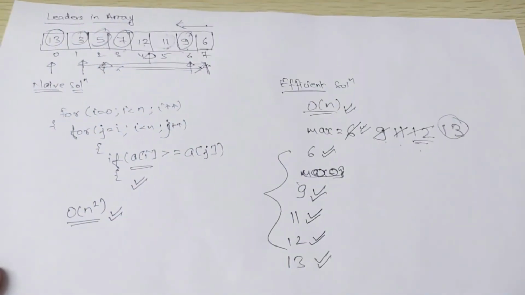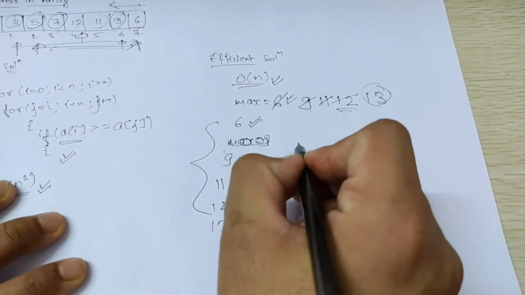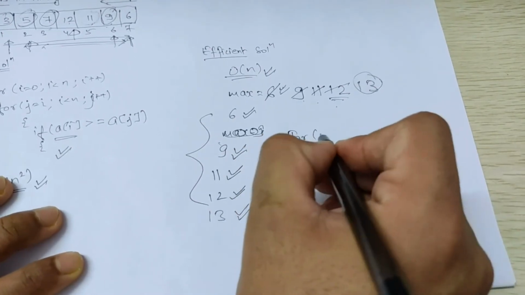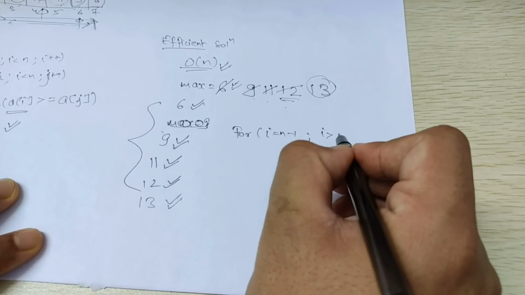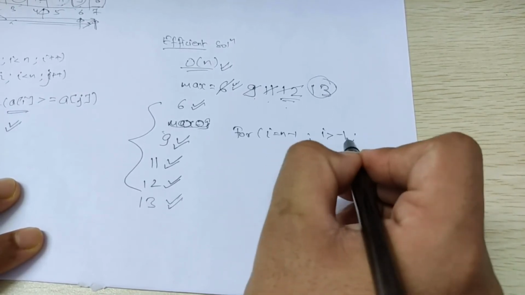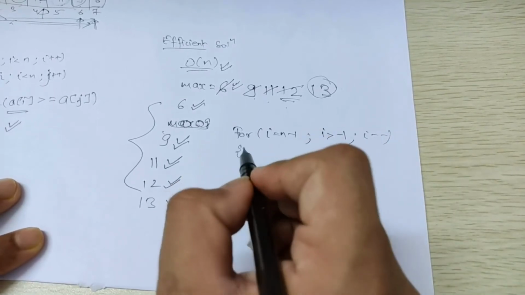So this is the very small solution. Now let's see the code. So what you can do, you can run the loop from position n-1, run it until i is greater than -1, which is until it is 0, and then you can decrement the index value i.